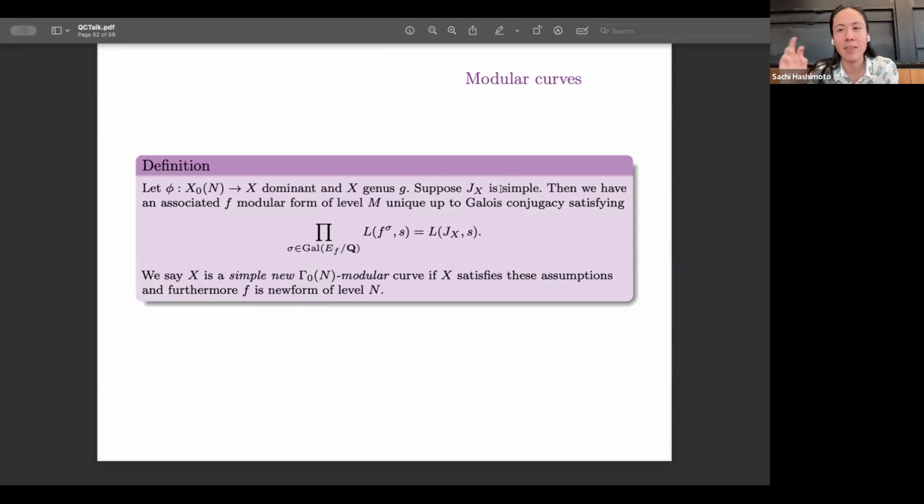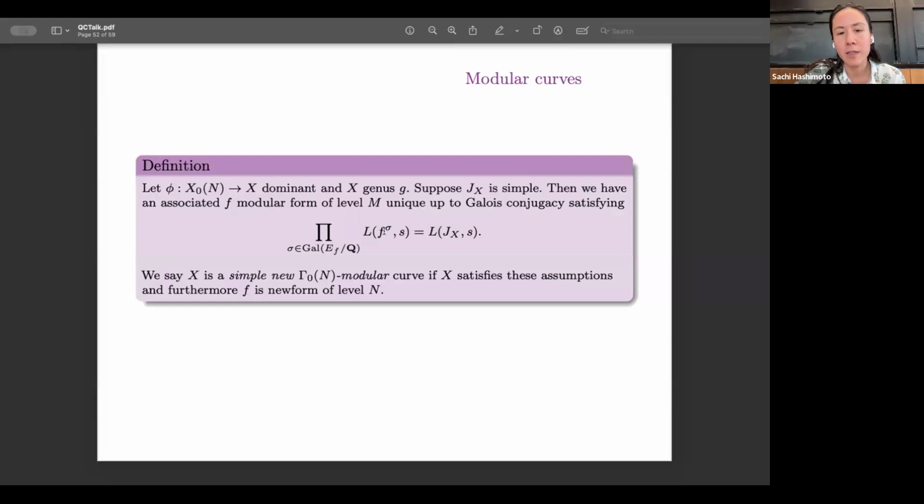If it's not simple, maybe there's a way to do Chabauty-type products; I think Nathan has some work on this. But we're going to restrict to the simple case. In this setup, we'll have an associated modular form to our Jacobian of some level M, which has one Galois conjugacy class because we're in the simple Jacobian case.